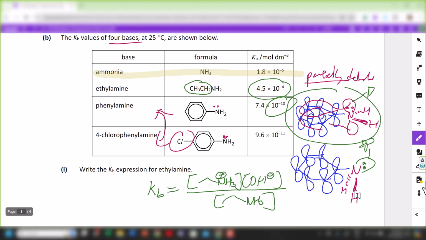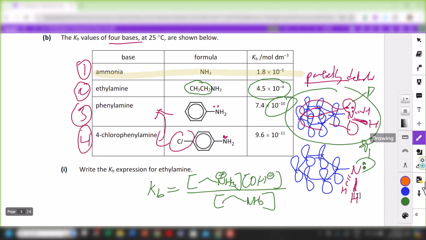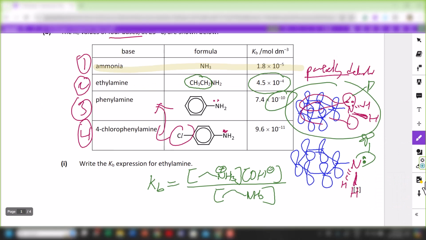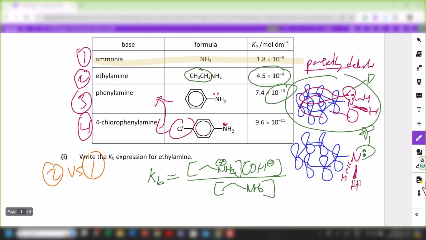Once you have that in your explanation, then everything else is straightforward. You'll be able to understand why 4-chlorophenolamine is less basic as compared to phenolamine, and why phenolamine is less basic as compared to ammonia. I think we have discussed it. Normally when we discuss this, my suggestion on how you should phrase your answer would be what I've discussed earlier. I won't go into details, but I would suggest that first you compare 2 with 1, because 1 is usually the benchmark, since the nitrogen is not bonded to donating or withdrawing groups.